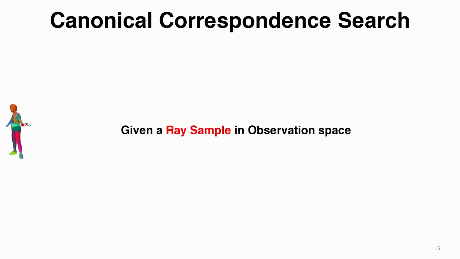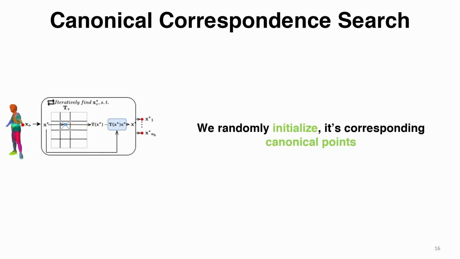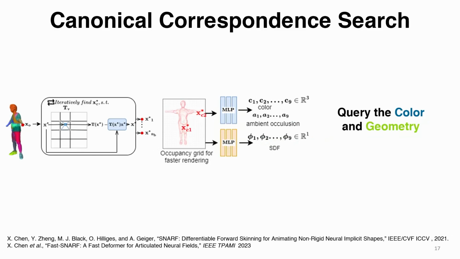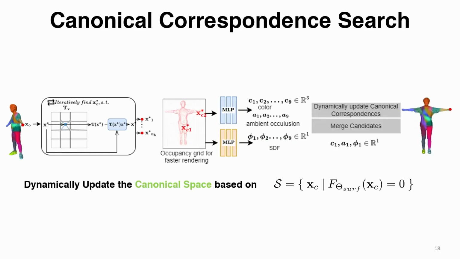For every ray sample in observation space, we initialize the root finding model, which is based on SNARF, that provides n number of candidates for solution. We find the closest possible solution by selecting the candidate based on the isosurface conditions, and thus dynamically update both the skinning field and the geometry in canonical space.